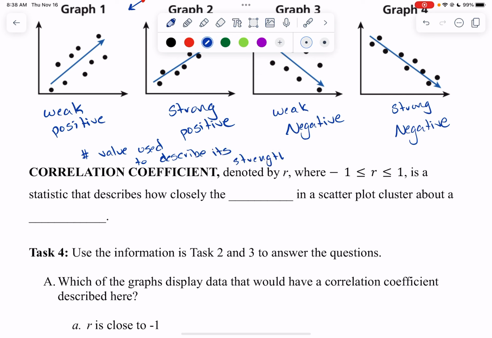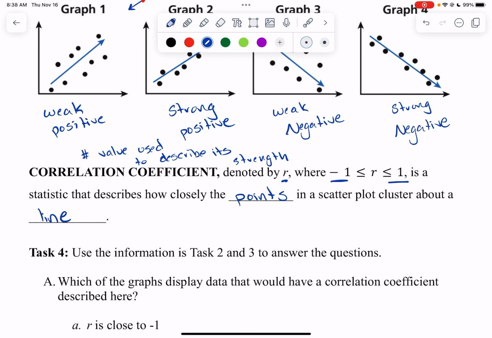And it's also used to describe its direction. We denote it normally by the letter R. Your correlation coefficient R is always going to be in between -1 and 1. And it's a statistic that describes how closely the points in a scatter plot cluster about a line.